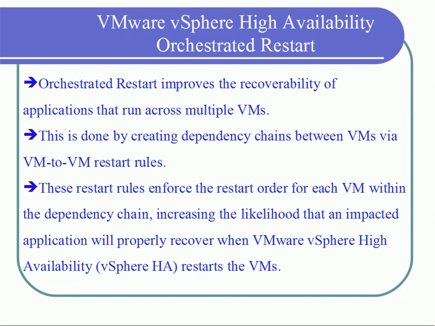And also we have another feature, orchestrated restart on high availability. In some cases, if the host goes down, the failed host VMs will get restarted on another available host.